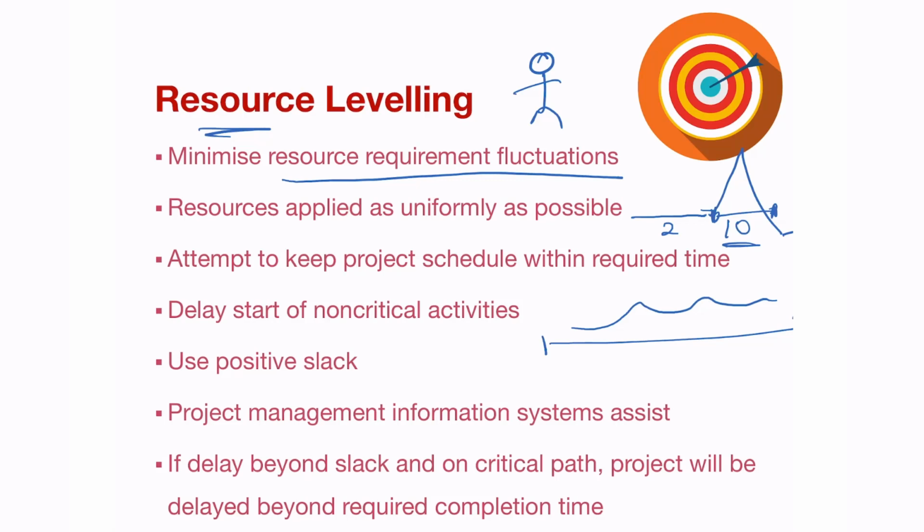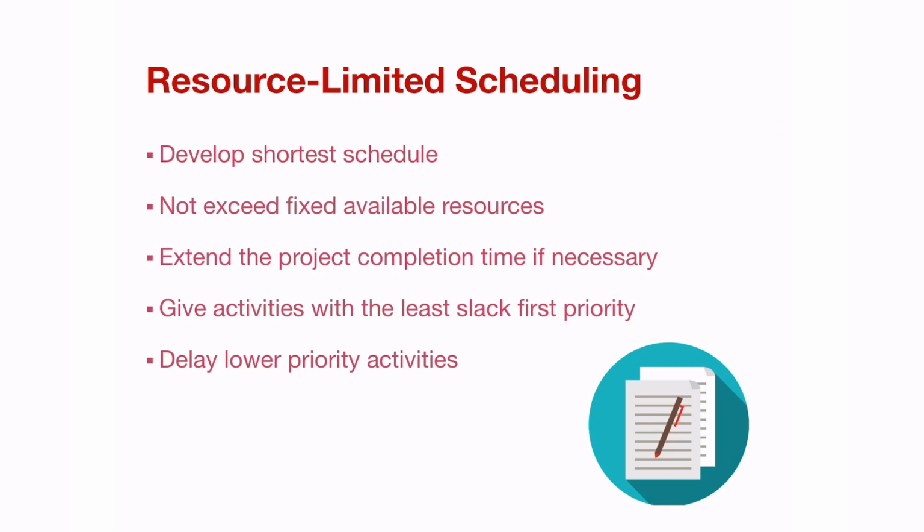Project management information systems can assist in this. If the delay is beyond the slack on a critical path, the project will be delayed beyond the required time. So you must spend time on understanding where you're going to need your resources and how you're going to deploy your resources through the project lifespan.